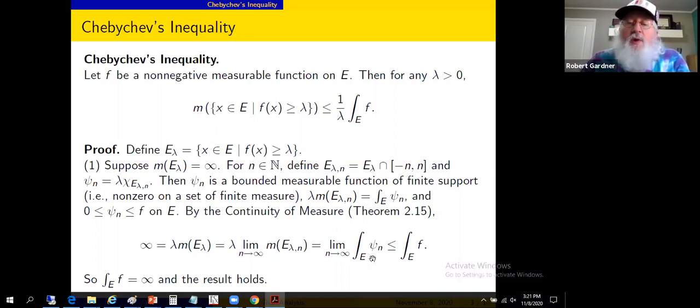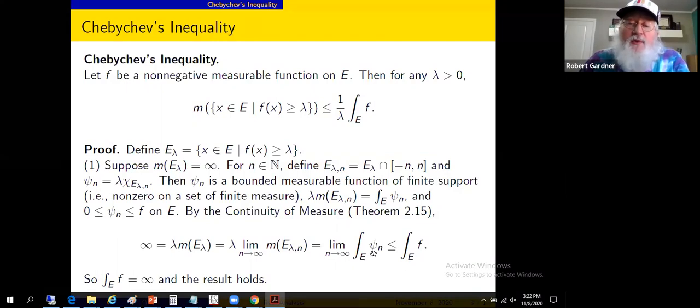So what we've got on the right-hand side is a supremum over all functions, which are bounded, measurable, of finite support, and less than or equal to f. That was the definition of these symbols.